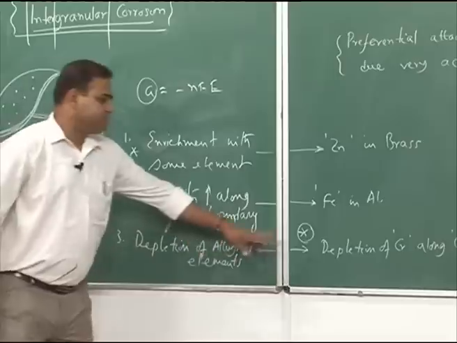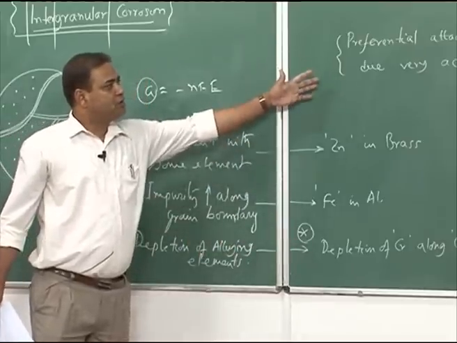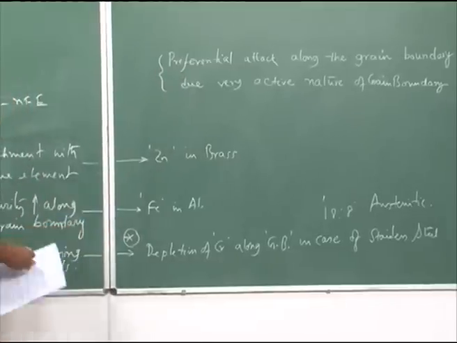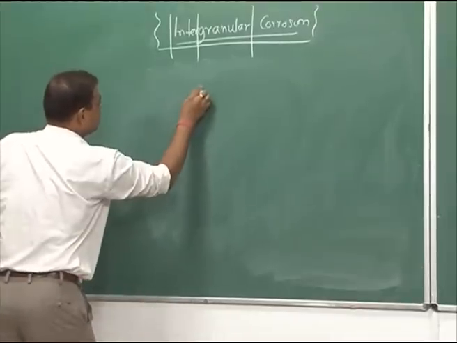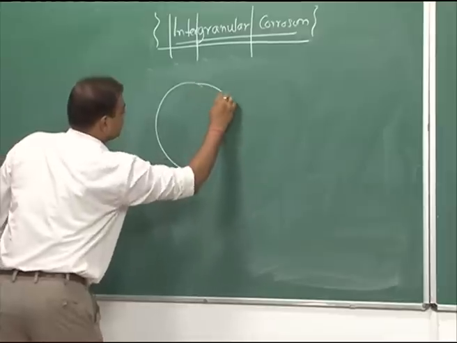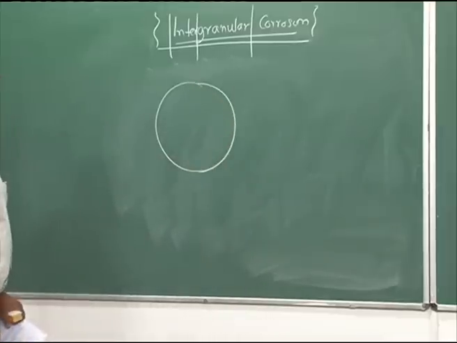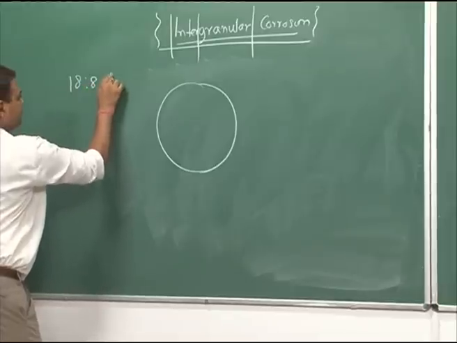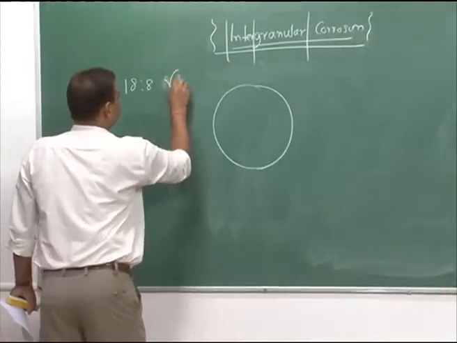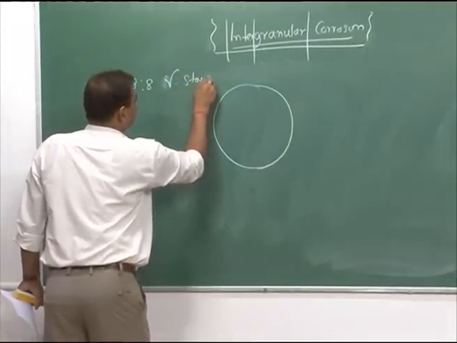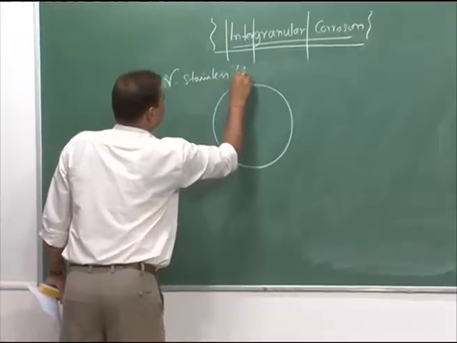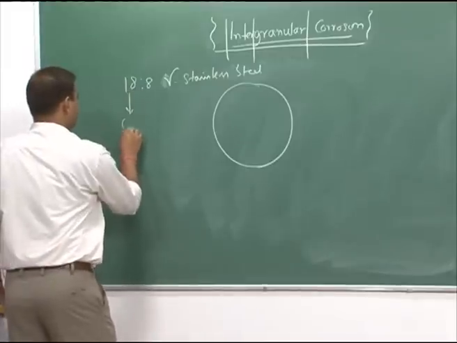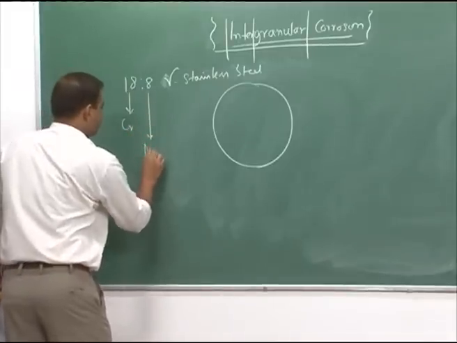Now, when we discuss this, we will come to know why preferential attack is taking place. So, let us see a particular 18-8 stainless steel, where 18% is chromium and 8% is nickel.